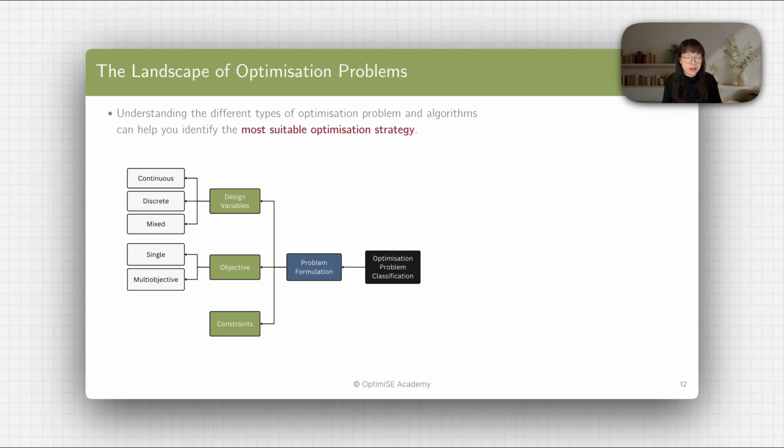And for constraints, we can classify it in terms of whether it is a constrained problem or an unconstrained problem. We looked at constraints earlier with the different examples we have. Although constraints are very common in engineering design, the reason why we're also interested in unconstrained problems is that the way to solve it actually inspires a lot of other algorithms.